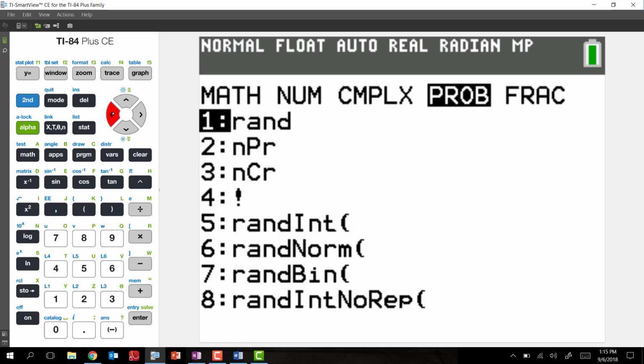Okay, and then go over to probability. Math and then probability. Then there are actually 3 things you're going to use: 2, 3, and 4. nPr, nCr. Anyone remember nPr, nCr? You've done it. I think they do it now in Math 2 or Math 3. It's not stopping.